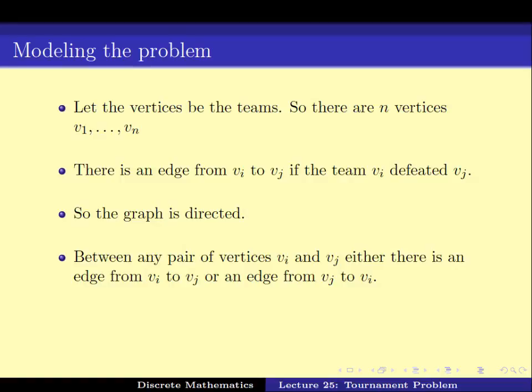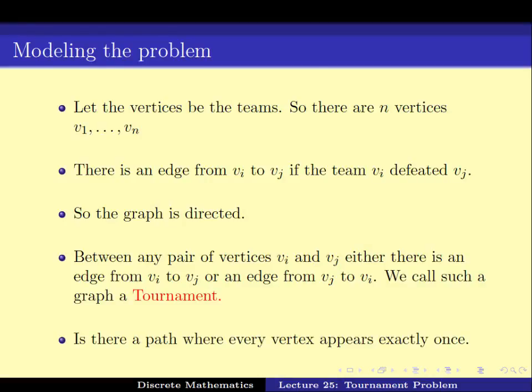In other words, I want to have a path from one vertex to some other vertex where the path is directed and every vertex appears exactly once. So the question is: is there a path where every vertex appears exactly once?